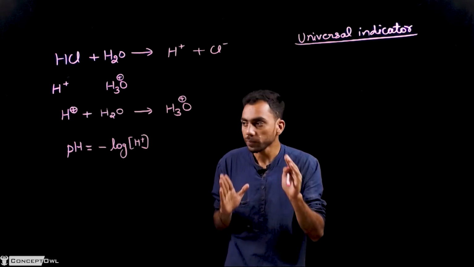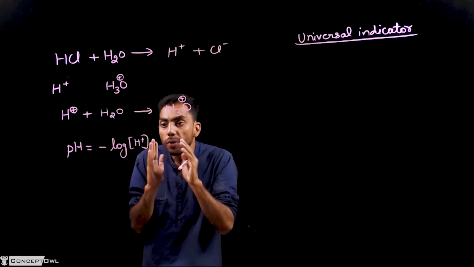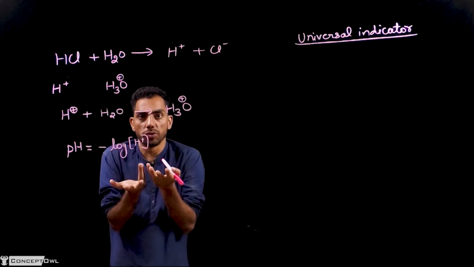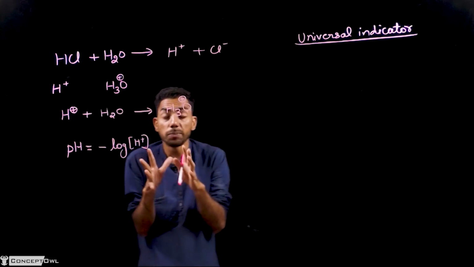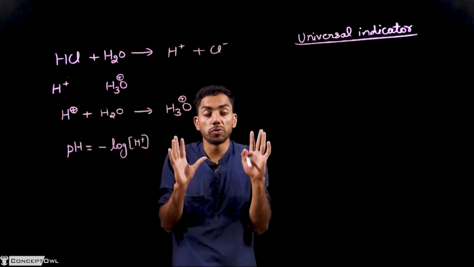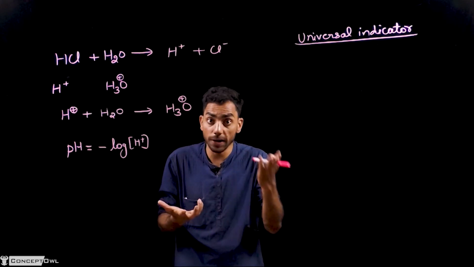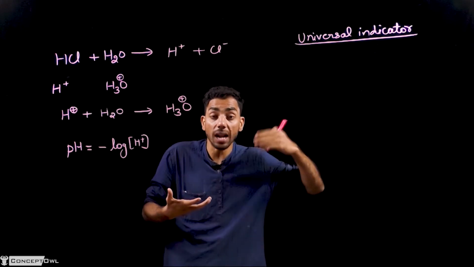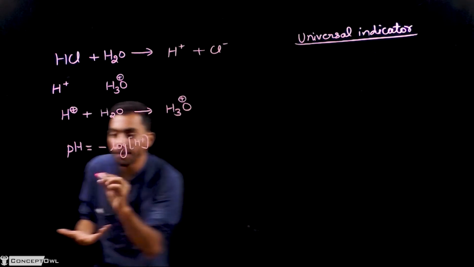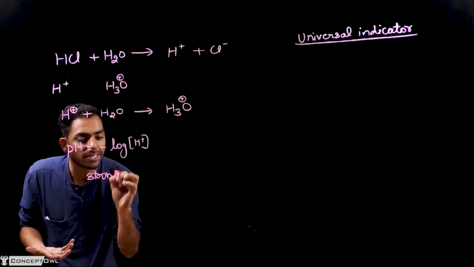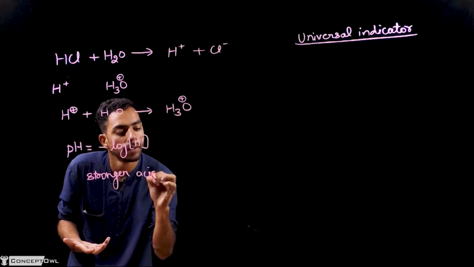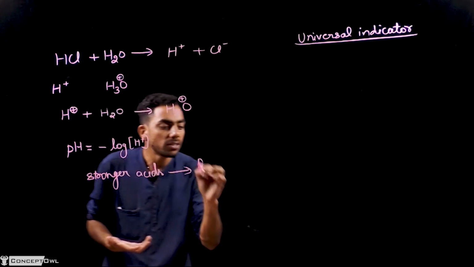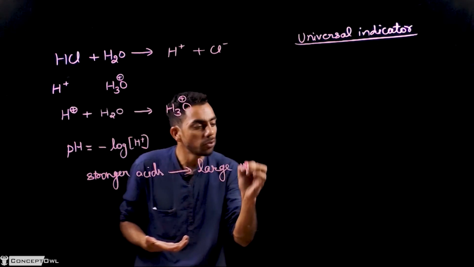Is this clear? So if you have a large number of H positive ions, if your acid is producing a large number of H positive ions, that means it's a stronger acid. Clear, no? Because it's producing a large number of H positive ions. So I am writing: stronger acid produces large H positive ion.